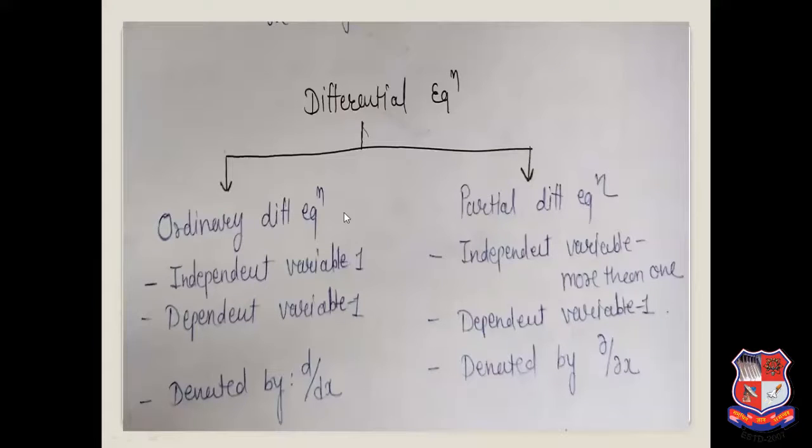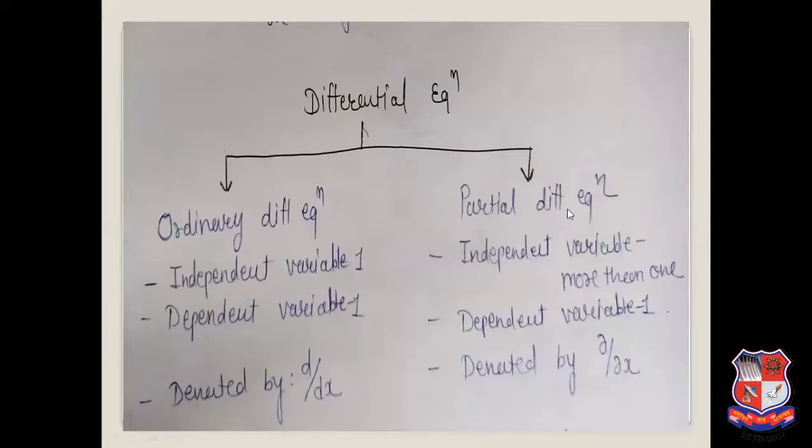Now, first, what is the ordinary differential equation? In the equation, independent variable is 1 and dependent variable is 1. So, in the ordinary differential equation, we have only one independent variable. Now, what is the partial differential equation?